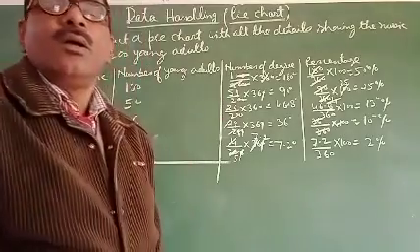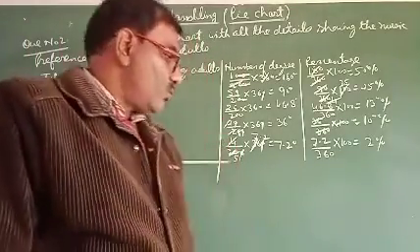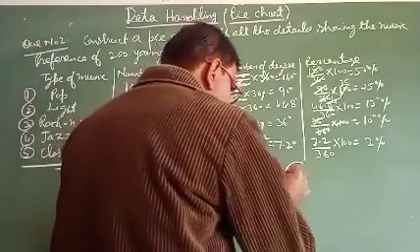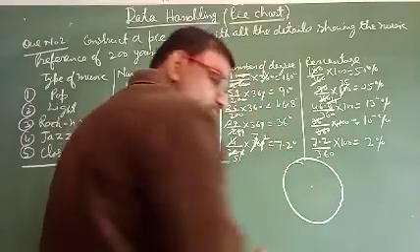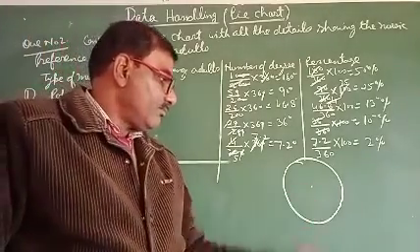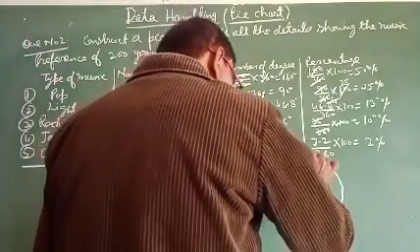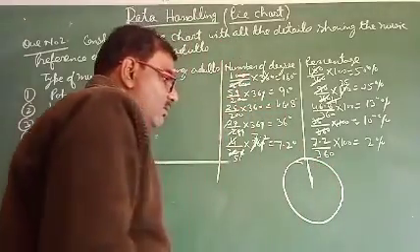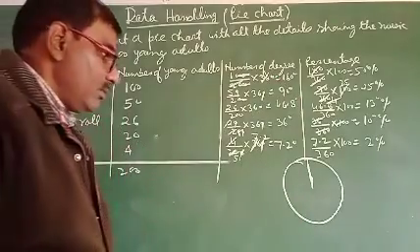Now, after this I will draw the pie chart. For this we make a circle of any convenient radius. This is the center of the circle. First of all, I will draw a radius and make 180 degrees.